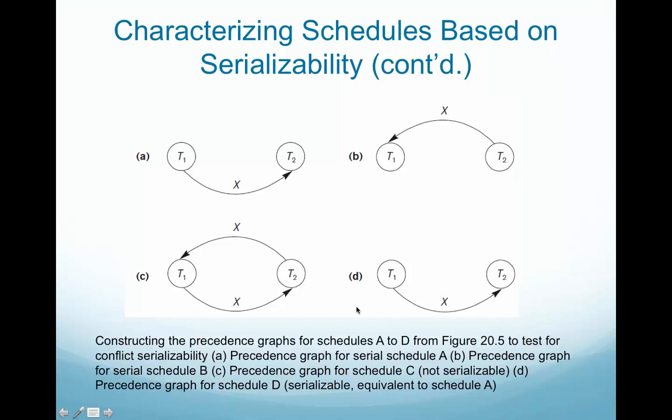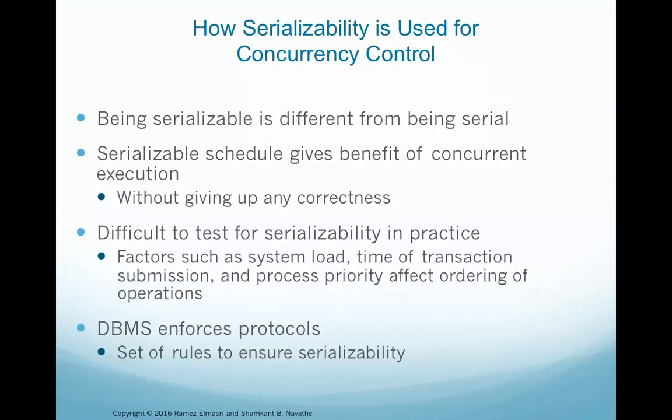Now the way to find out that something's not serializable is if there are cycles in this precedence graph, like you can see in the third one, C. So by creating these precedence graphs and looking for cycles, we can determine whether it's a serializable schedule or not.